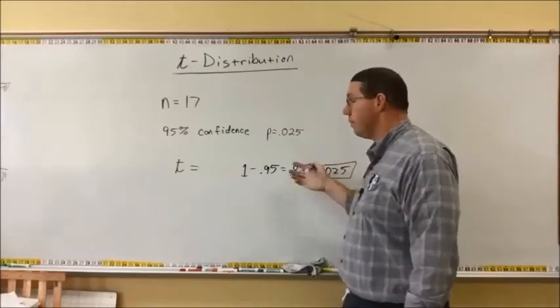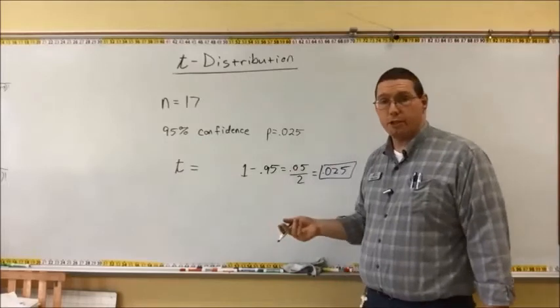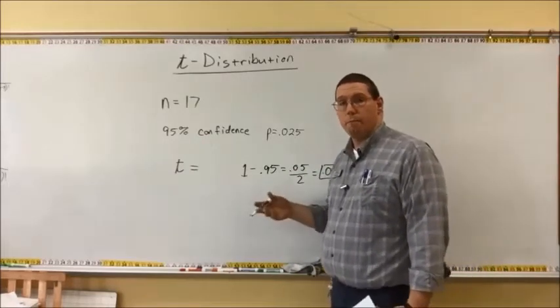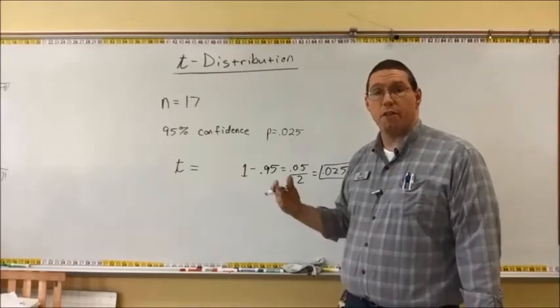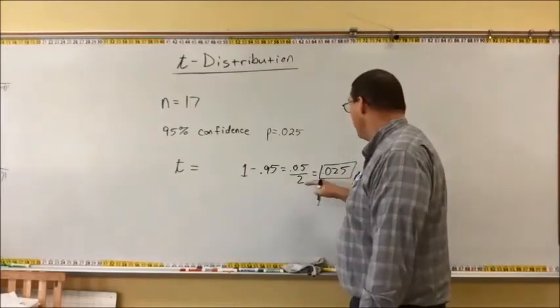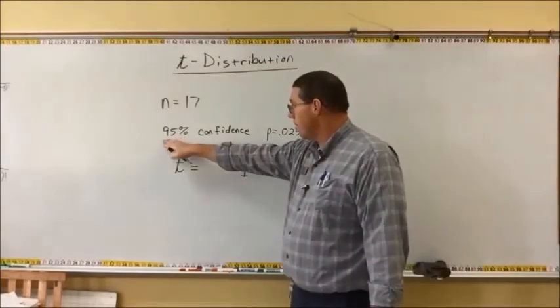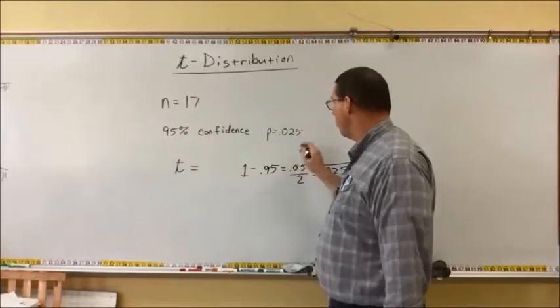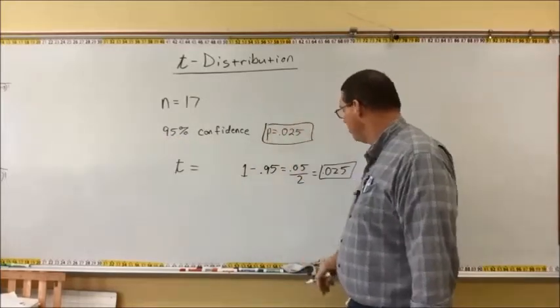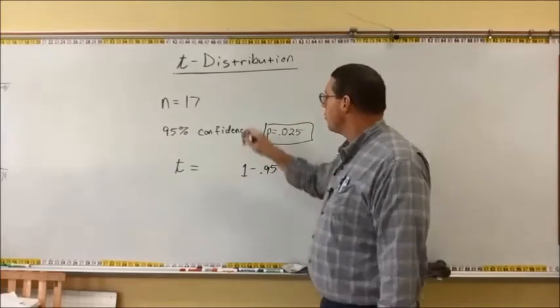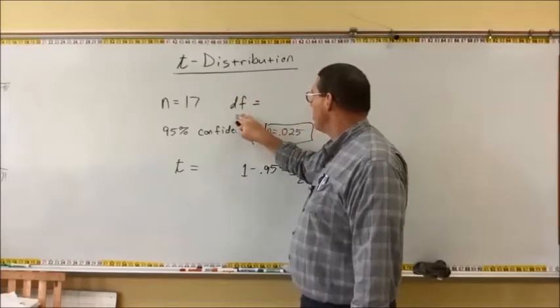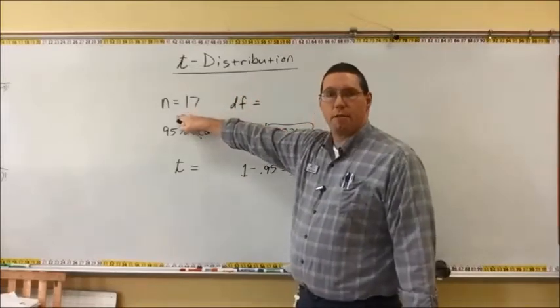And you should already know how to do that. That's from doing a middle percentage, and also from when we learned how to do confidence intervals with the z distribution. So if you do that whole process, it will ultimately give you a p-value of 0.025. So now what we need is degrees of freedom. Well, what's the degrees of freedom if the sample size is 17?